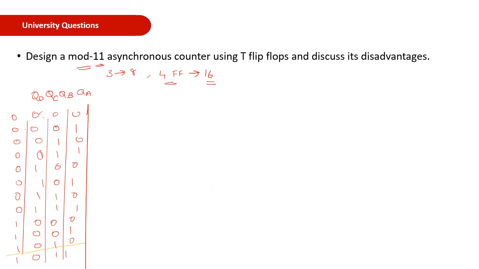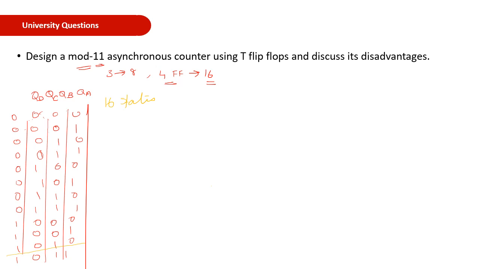Now you have the truth table for the counter. Here you have a total of 16 states, but you need only 11 states. So I have written only the 12 states, starting from 0000 to 1011.